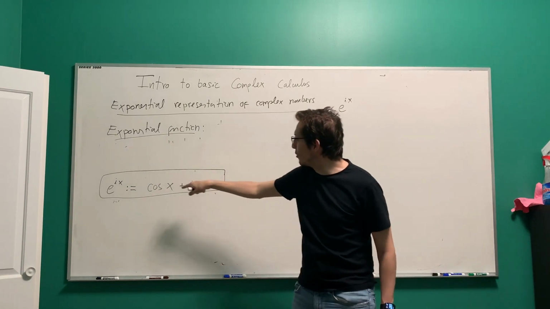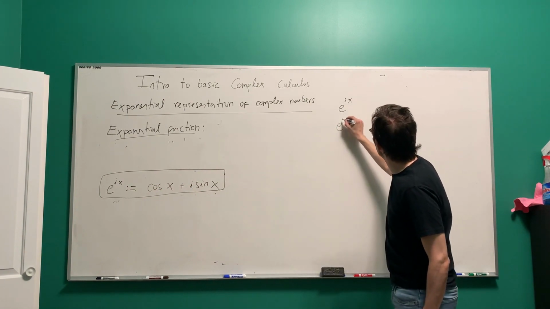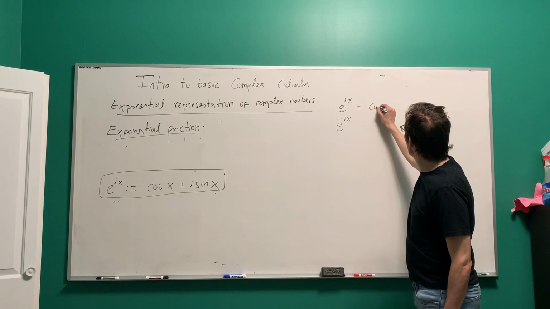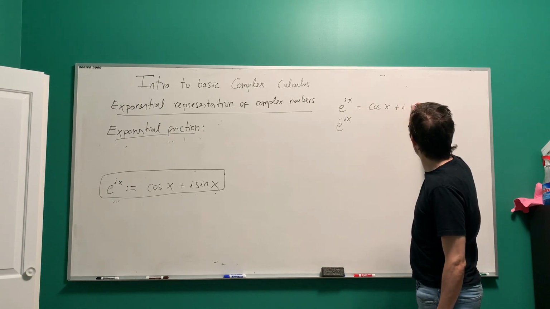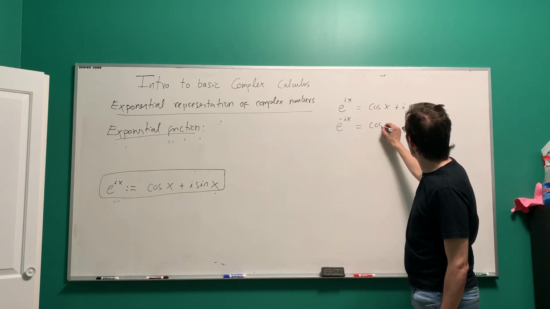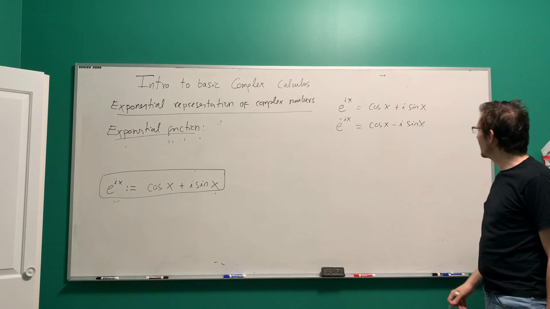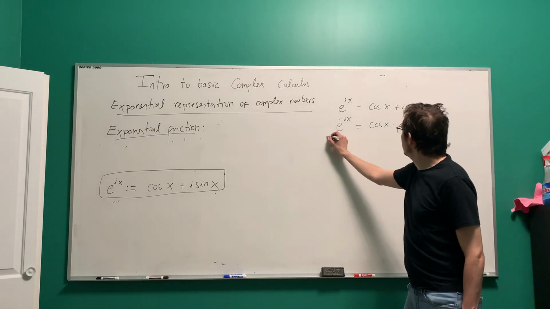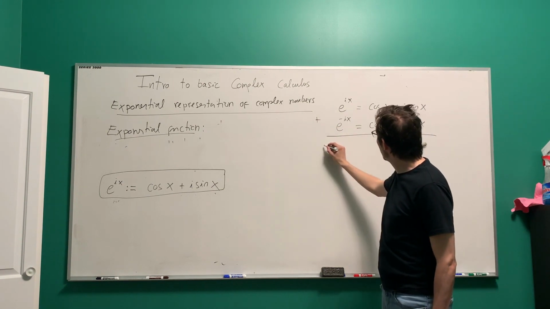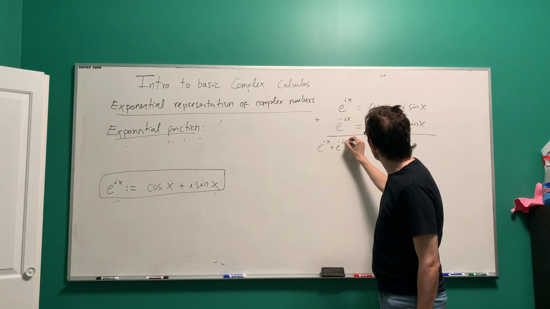If I conjugate, I get a minus here, so the conjugate is e to the minus ix. This is equal to the cosine of x plus i sine of x, and this is equal to the cosine of x minus i sine of x. I can add them up. If I add them up, I get e to the ix plus e to the minus ix.